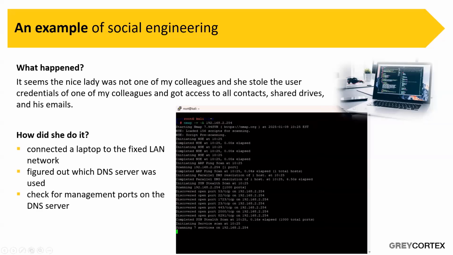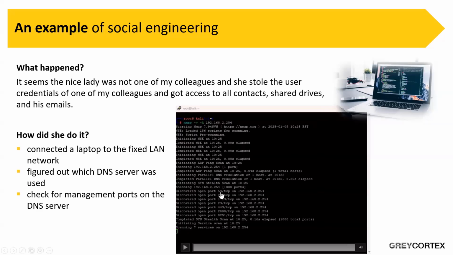You see here that, of course, port 53 was open because that's the DNS port, but also port 22, SSH, was open. Port 1723, point-to-point protocol, was open. Port 23, Telnet, was open.